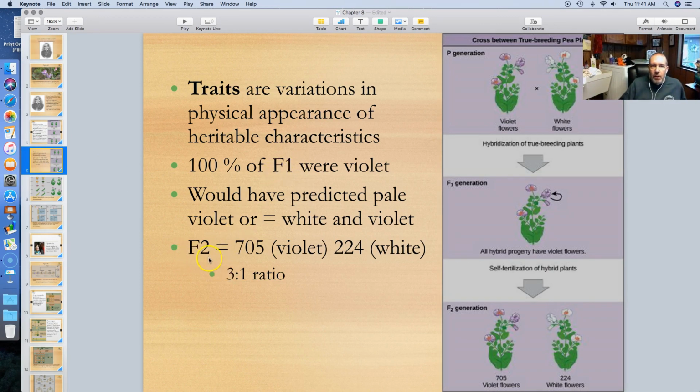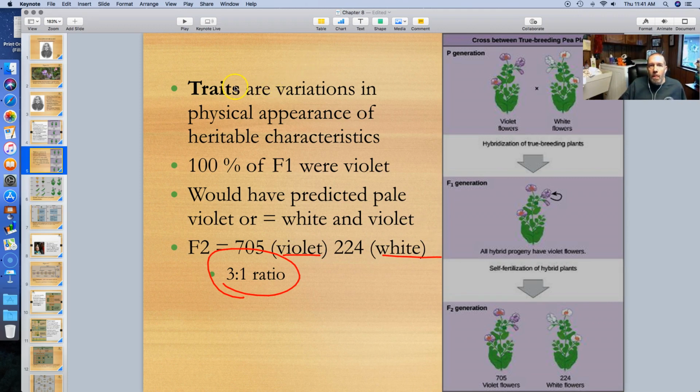So if we jump down below here, we're back at looking at the ratio there. So again, even though it wasn't a perfect ratio, it was pretty close to a 3-to-1 ratio of these violet colored parent flowers to the white colored flowers.